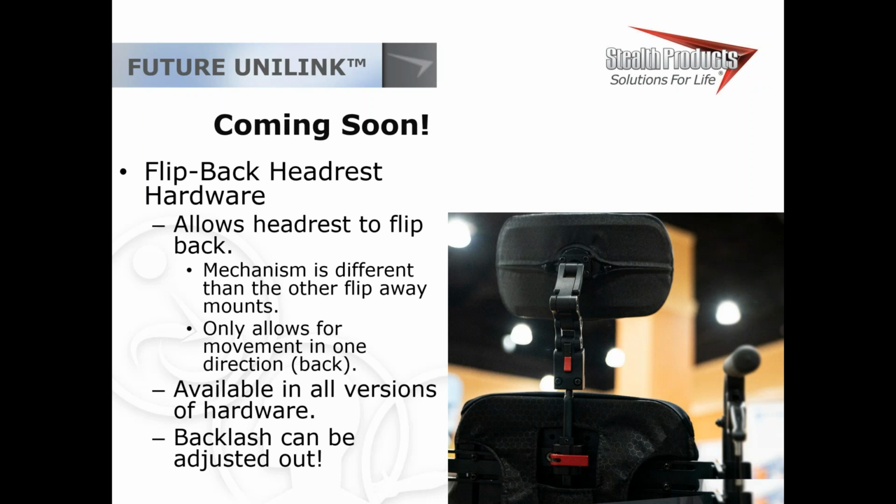And what it does, it cleans it up, makes it simpler, but now your backlash is adjustable. So backlash or play, how much that headrest moves when you touch it, can be adjusted out. So that's an important feature. You have a rock solid hardware that still flips back. All of our Unilink versions that we currently sell will have the ability to be turned into a flipback hardware.